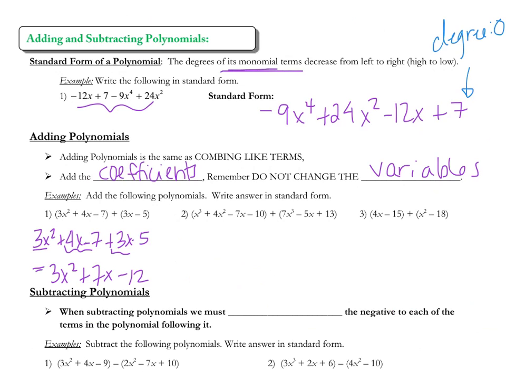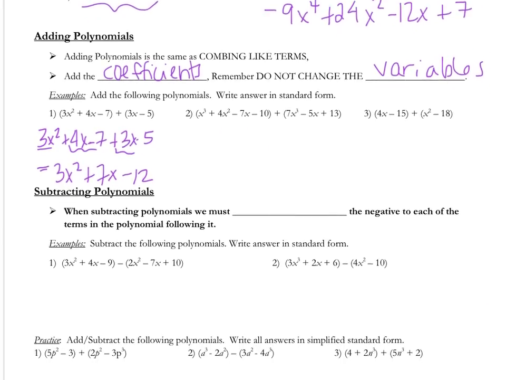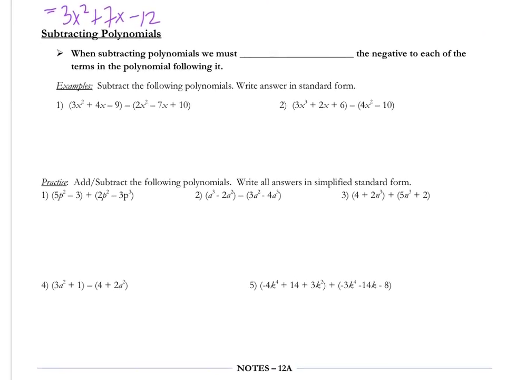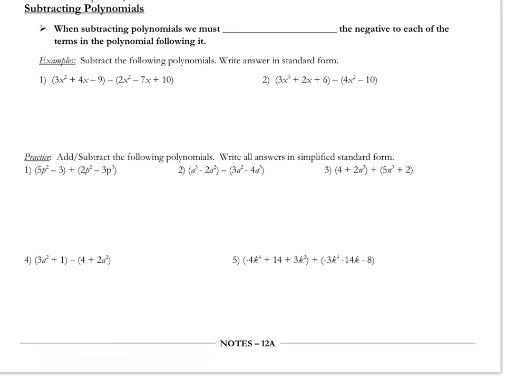I'm just going to go ahead and go on to subtracting polynomials since I feel like that's just review for you guys. Okay. Subtracting polynomials, we must distribute the negative to each term in the polynomial following it. That is going to be the number 1 mistake that we make.